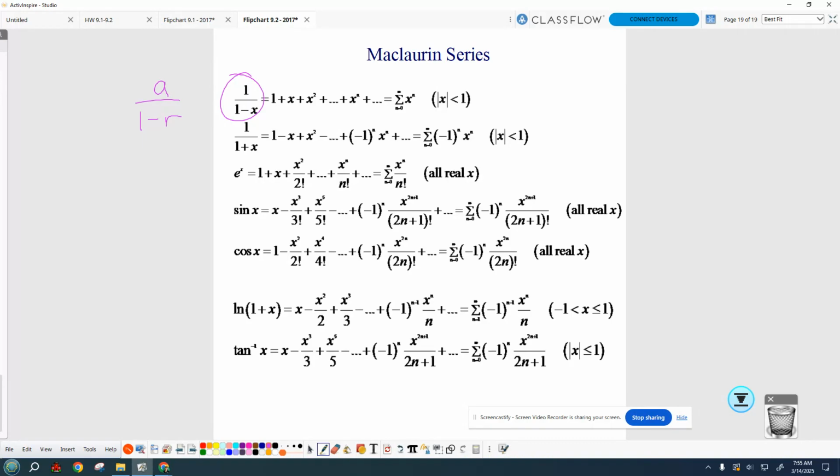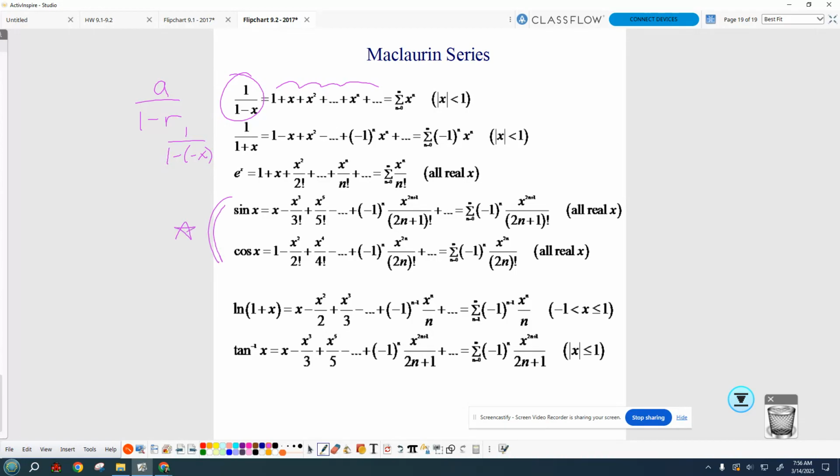The first term is 1, the R value is X. Generate it just by starting at 1 and then multiplying by that X. This one, force it to look like that pattern and go on with that.